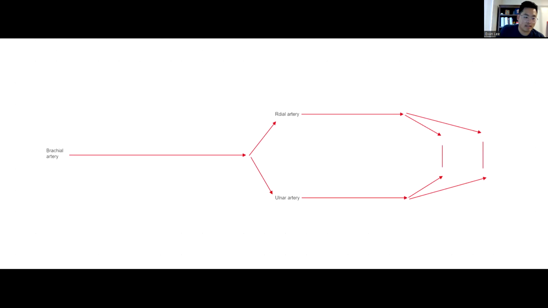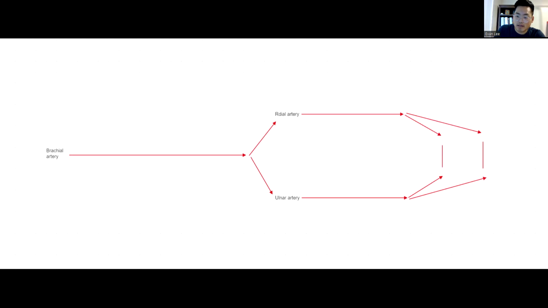In fact, let's just finish this off real quick by seeing that first of all, you have brachial artery that goes down the arm. Brachial artery branches to radial and ulnar artery. Now, radial artery, well, actually, both of them are going to be continuing down into the hand. And this is where you'll have these two levels of blood vessels in the hand.